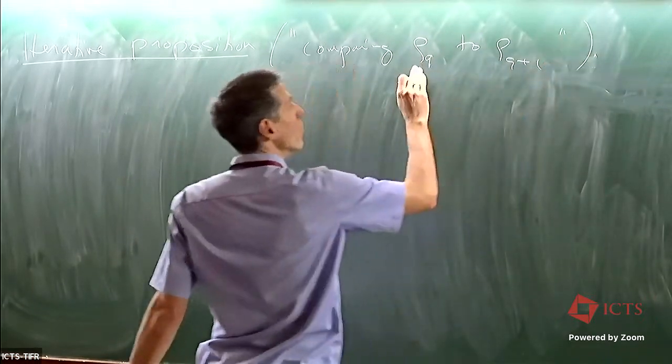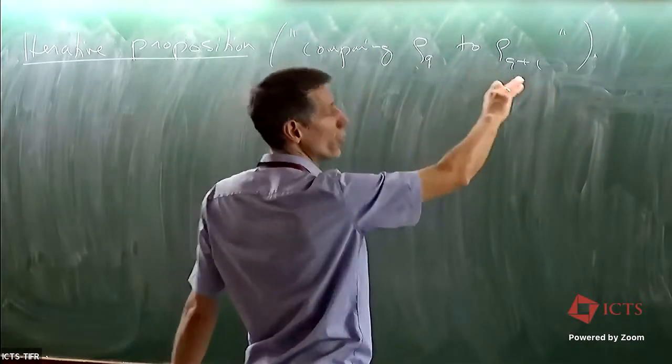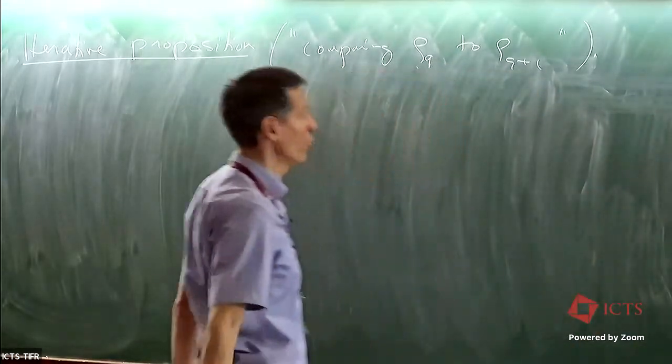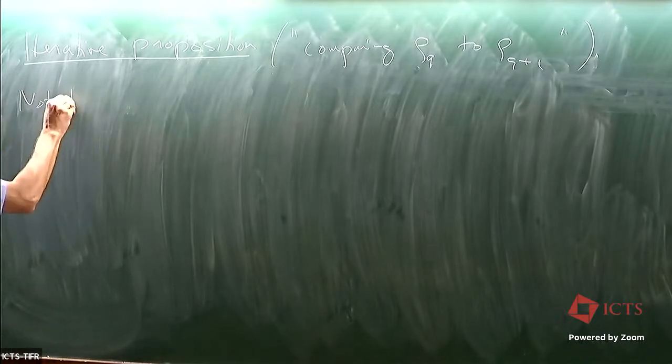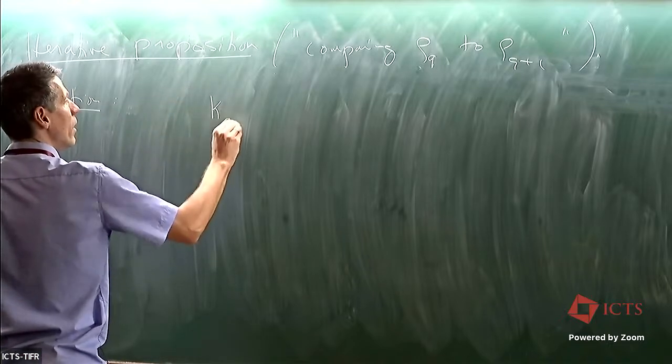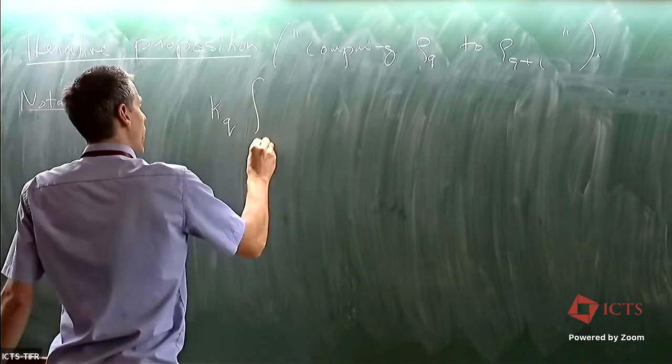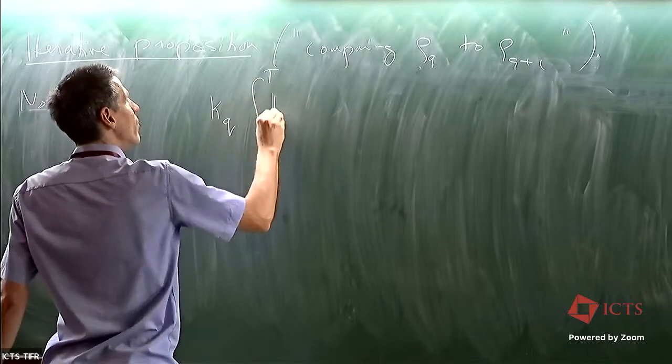The equation of rho Q is there, and the equation for rho Q plus 1 is the same with Q plus 1. At the end of the day, what we want is to have a lower bound on the dissipation rate.